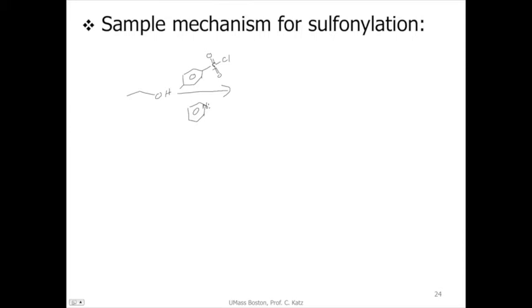Pretty straightforward. It's not an SN2, not an SN1. It's like an addition-elimination. So now you're adding your oxygen here. You're attacking from your oxygen to your sulfur. That is going to kick that up. Now let's just draw our intermediate here.